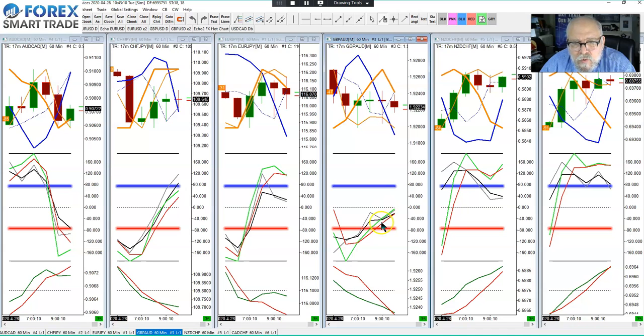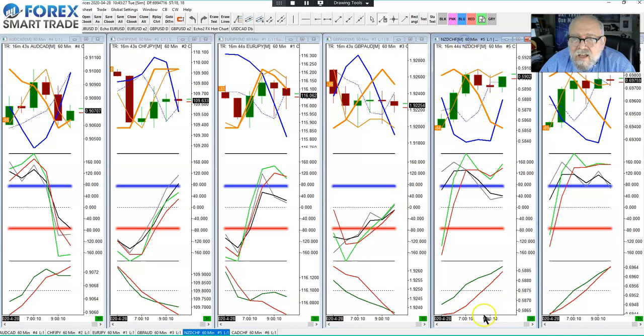If this line were a little more steep, and it wasn't quite halfway, I might consider taking it. But the slope on it isn't quite strong enough, so I'm going to pass. NZD CHF, overbought and pointing up.